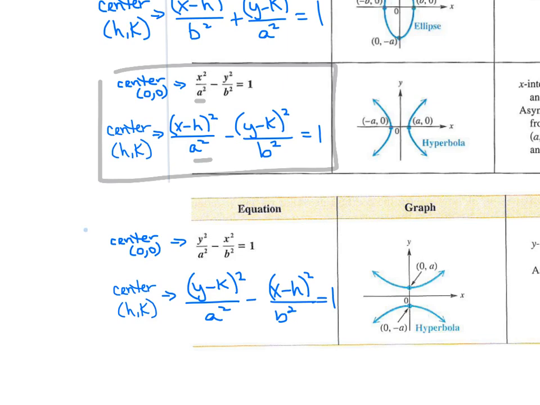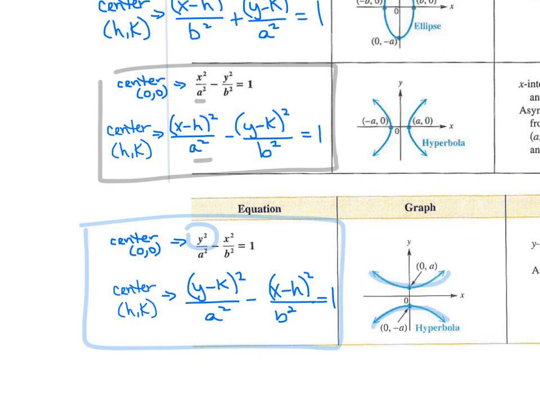Then on the bottom one here, notice still the a squared is first, but what changed is the y squared. It is now first, so this is telling me that my hyperbola is going to cross the y-axis. So be very familiar with the setup of these equations, so that way you can start to eliminate choices.